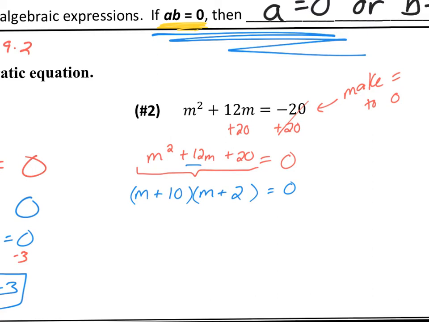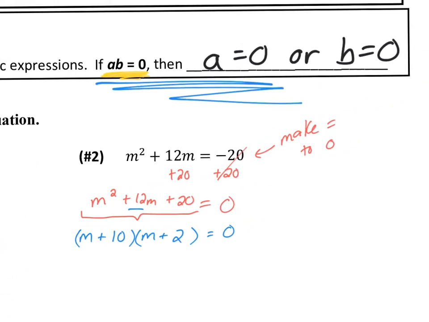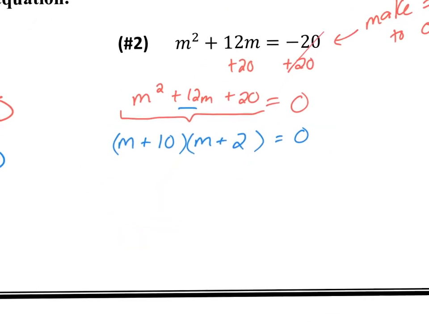Now, if we're going to solve it, remember what we set up here. The property says if two things are multiplied together and you get 0, one of them has to be 0. So down here, two things are multiplied together. One of them has to be 0 in order to get 0. So m plus 10 equals 0, or m plus 2 has to equal 0.